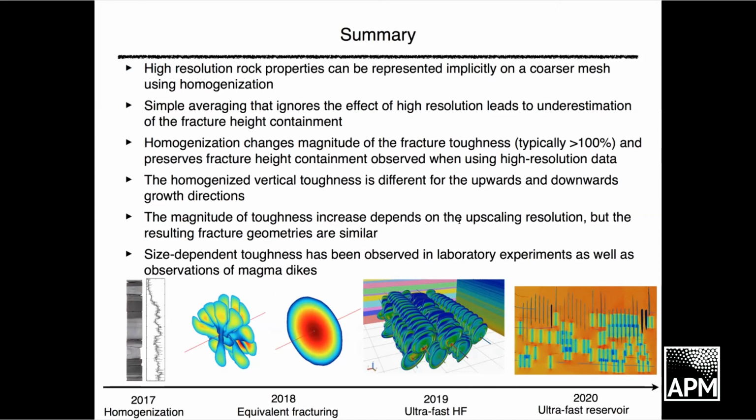Another interesting fact is the size dependent toughness, which is what we observe here: the effective toughness depends on your homogenization length scale. Size dependent toughness has been observed in laboratory experiments as well as in observations of magma dikes, and they show that it scales roughly with the square root of your fracture size, which aligns very well with our theoretical modeling.